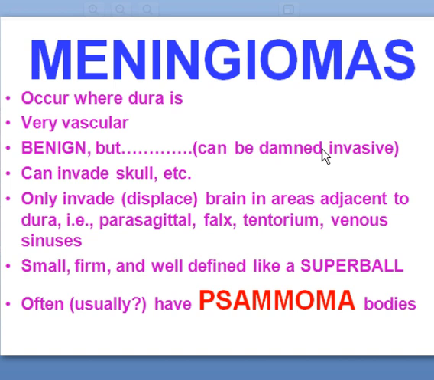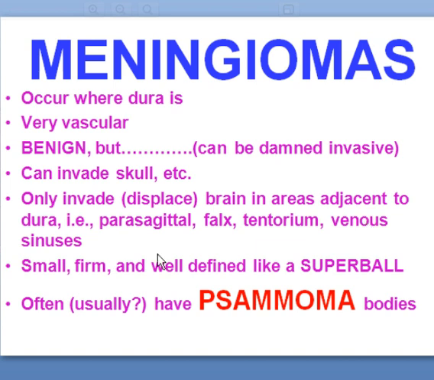So yeah, meningiomas can invade the skull. They can displace areas, but they're always in areas where you see a lot of dura, which is parasagittal, the falx, the tentorium, and all the venous sinuses of the brain. Remember all those sinuses, the straight sinus, the sigmoid sinus? Well, these are all made out of dura, aren't they? And that's where you have the meningiomas.